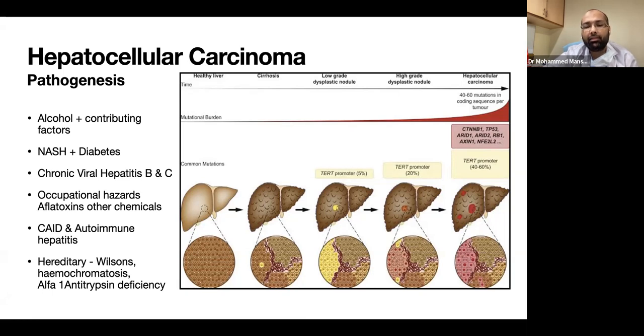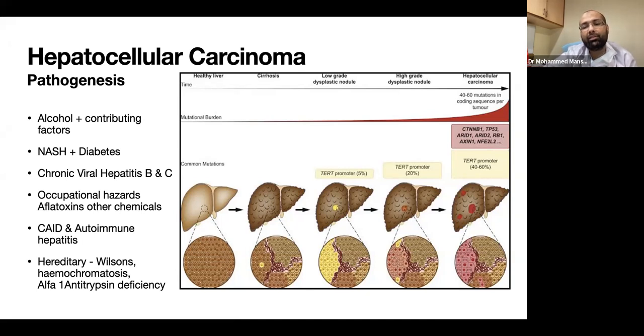When these irritants cause damage to the liver, mutations occur which lead to alterations in the signal pathways, and they cause cirrhosis, and in the course of time lead to formation of low-grade dysplastic nodules.